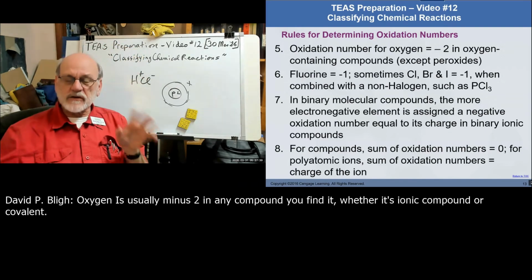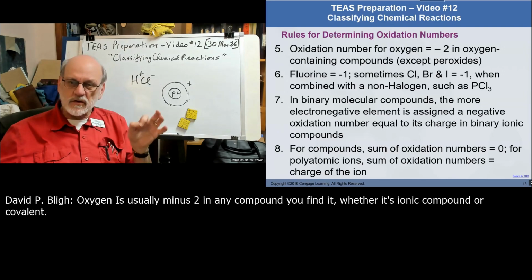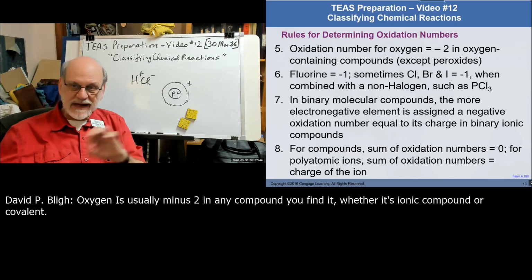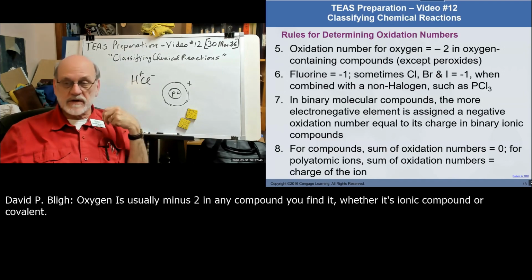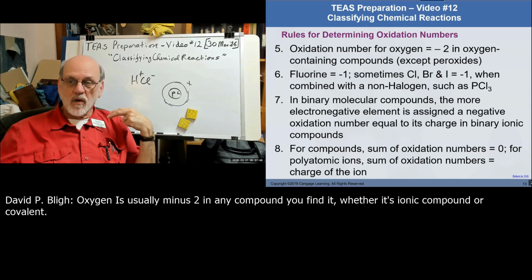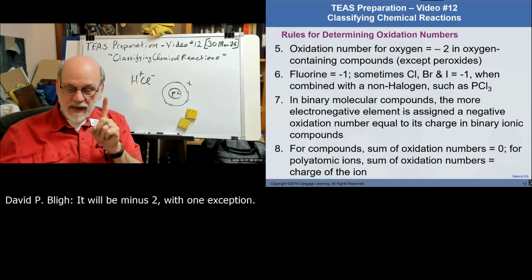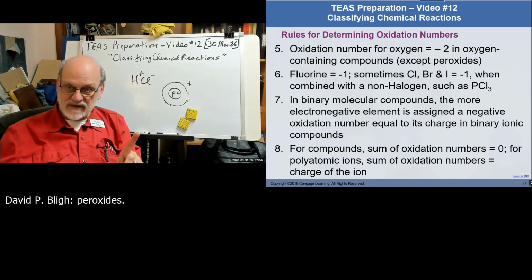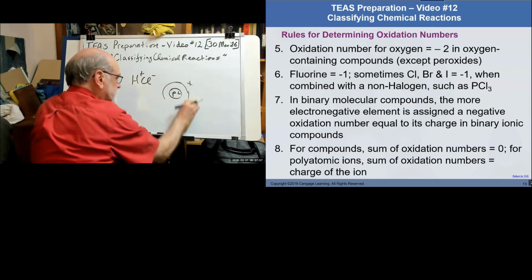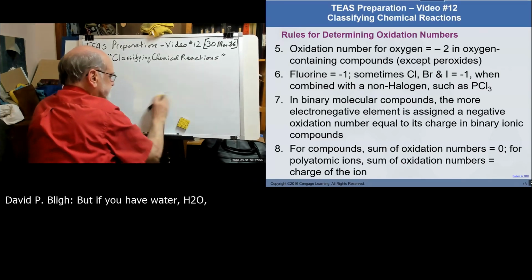Okay? Oxygen is usually -2 in any compound you find it, whether it's ionic compound or covalent. It will be -2 with one exception, peroxides. Right?